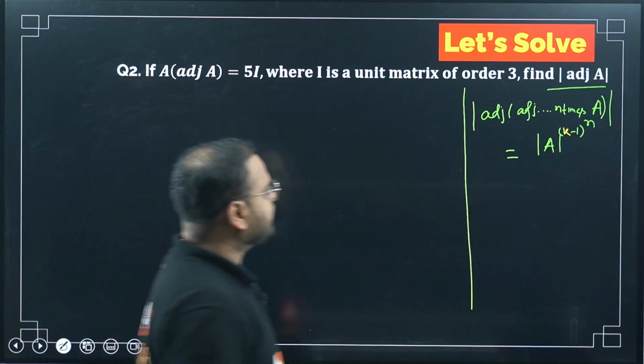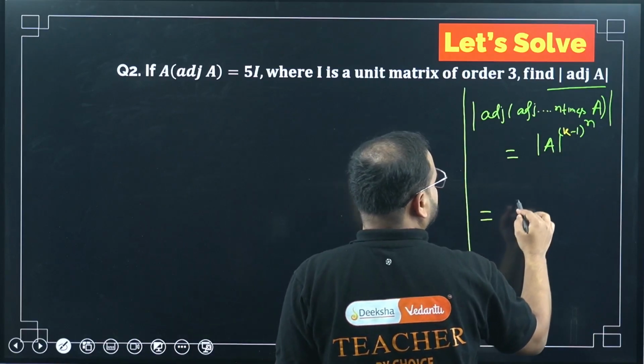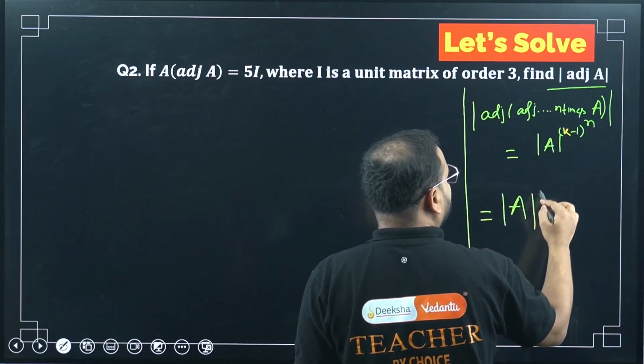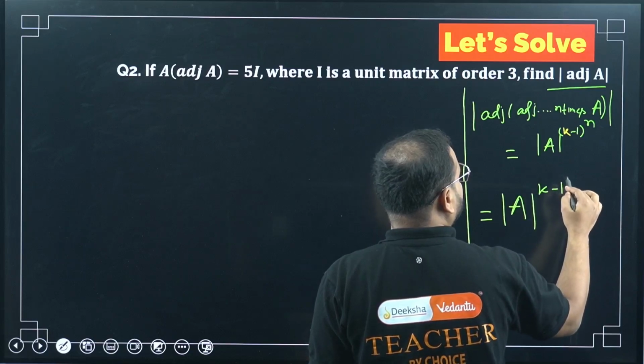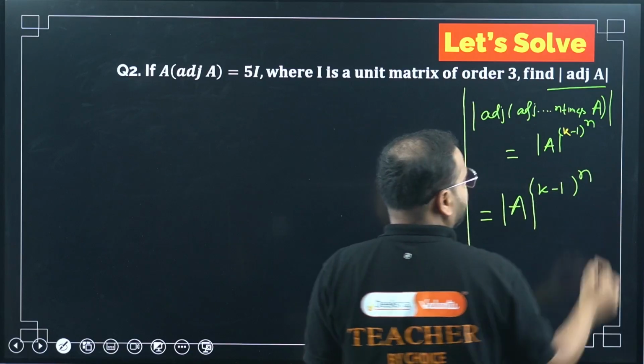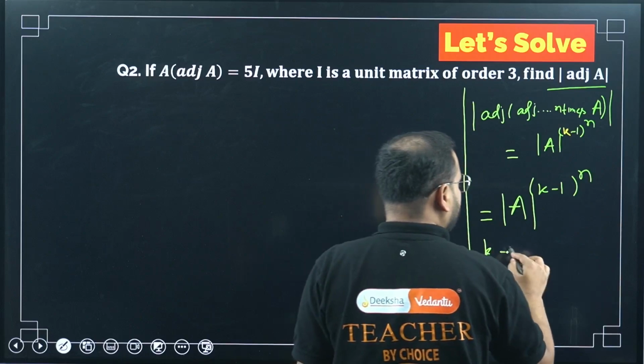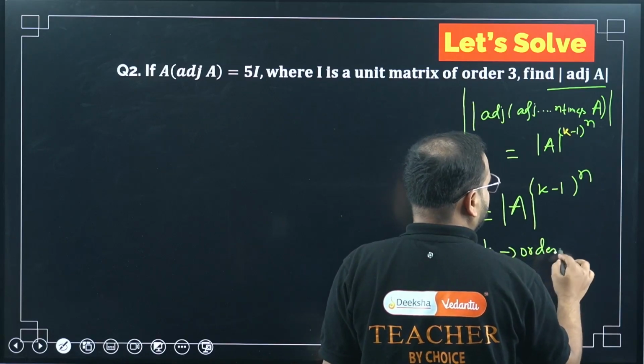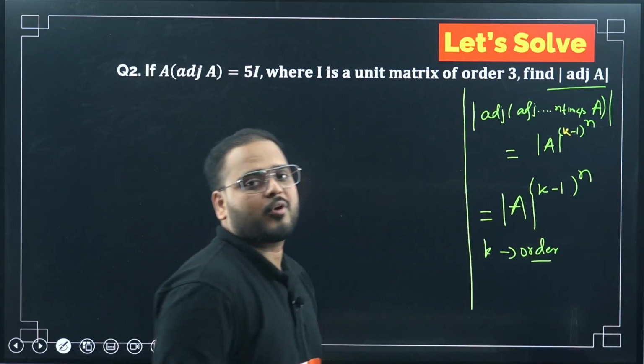Looks complicated, let me write it bigger. So I've written it here as determinant of A to the power (k minus 1) to the power n. What is my k? k is the order of the square matrix A.